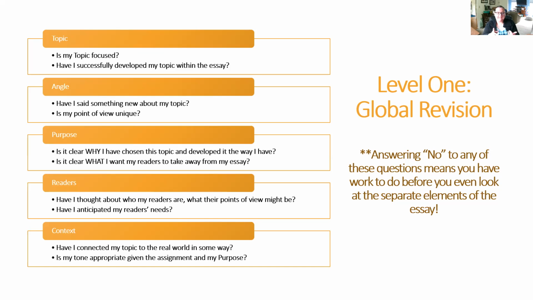So we're looking at topic. Is my topic focused? Have I successfully developed my topic within the essay? And what we mean by successfully develop it is, have you focused in narrow enough in order to fully explain and develop each of your main ideas?